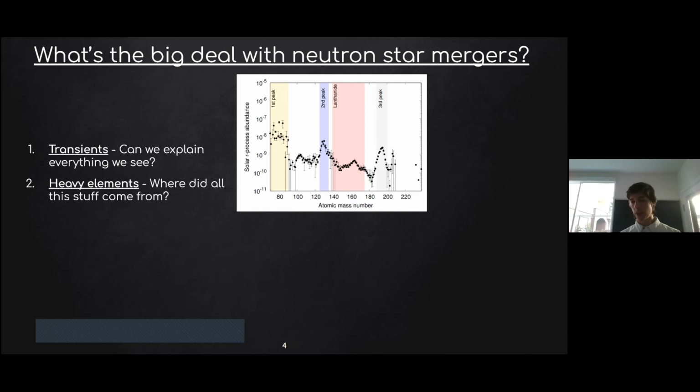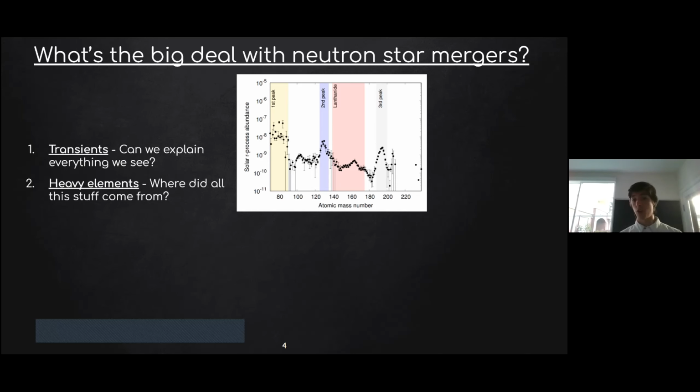But if you look at the very heavy elements, which are the ones I'm showing here with atomic mass numbers larger than somewhere around 100, then these elements can't be formed by the processes that form all these elements that get ejected from supernovae and from stars. And so you need a fundamentally different process to create them.